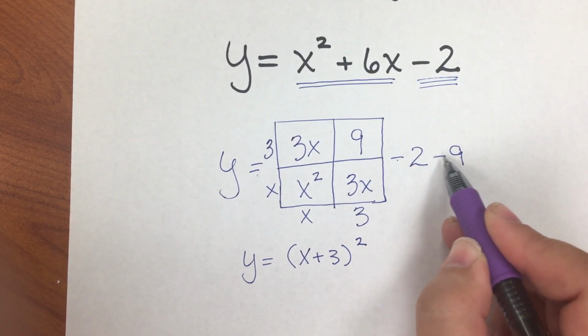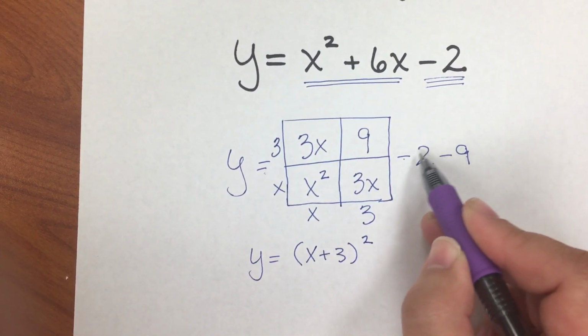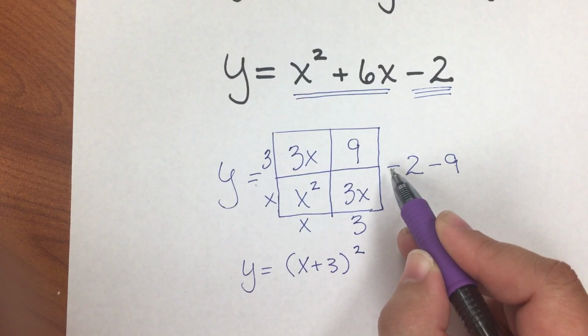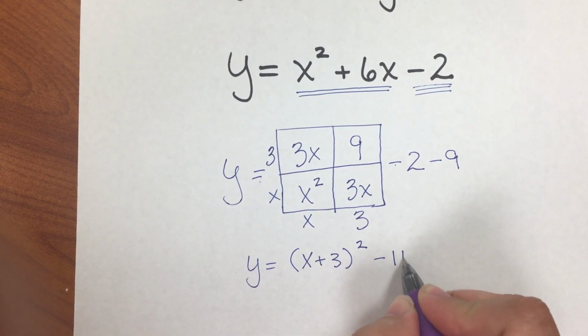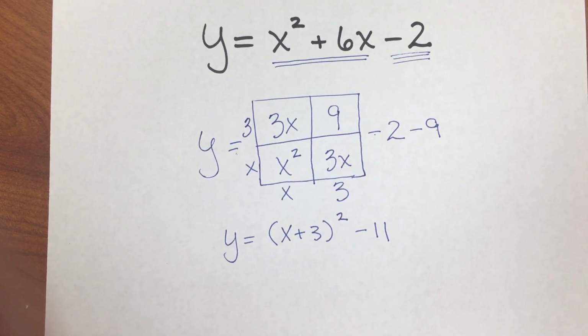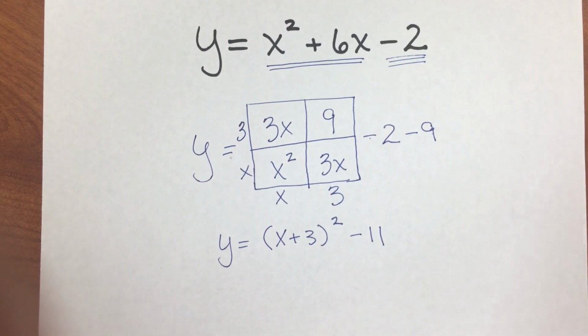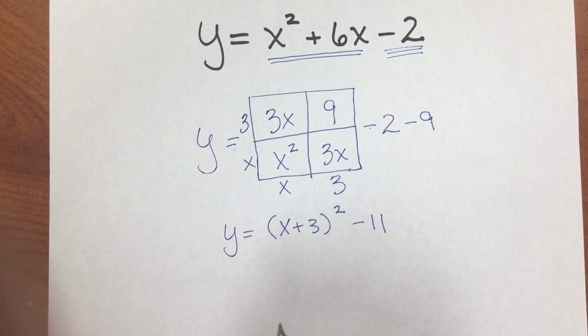I still have minus 2 minus 9 outside of my area model, so I can't just ignore those. I need to include those in my final equation. Minus 2 minus 9 gives me minus 11. So now my final equation is y equals x plus 3 squared minus 11, and this is your equation in vertex form.